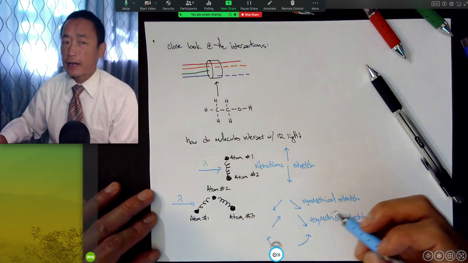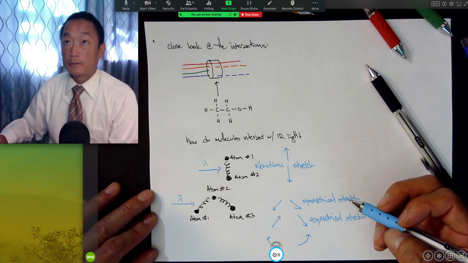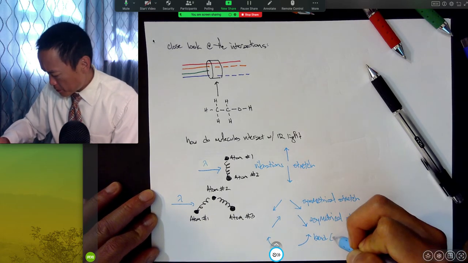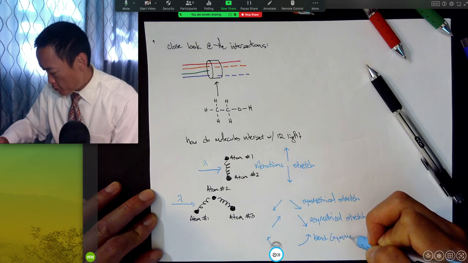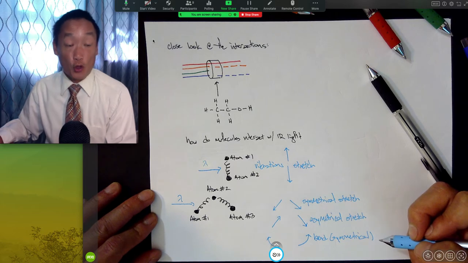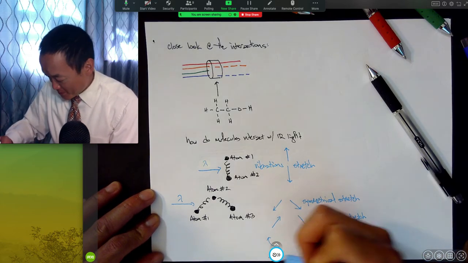I'll fill that name in once I look it up. It's just escaping me right now. Bend. So this would be a symmetrical bend. The word bend was escaping me right now. But here's the asymmetrical bend.